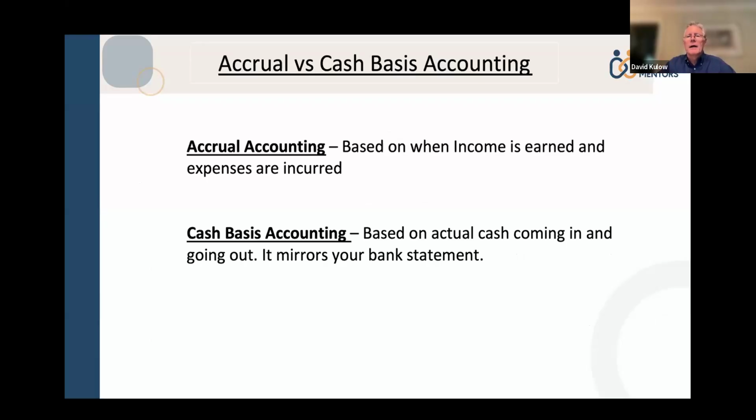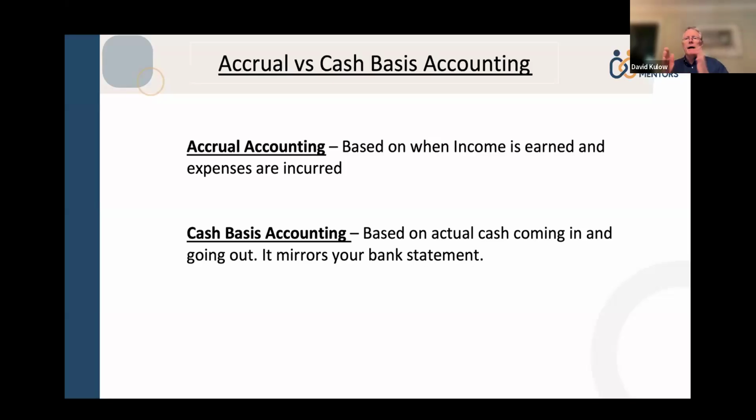Accrual accounting is based on when the income is earned and when the expense is incurred. So I'll give you an example using inventory. Many times with inventory, you purchase it and you have to pay for it either right then or within 30 days, but you expense it as you sell it.